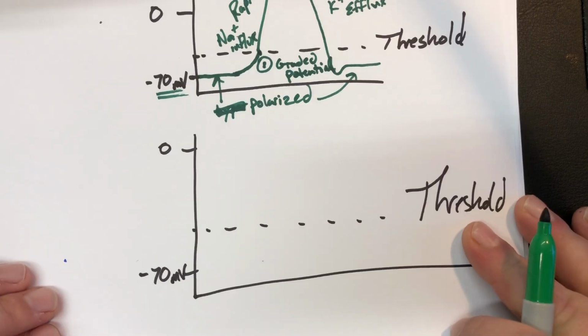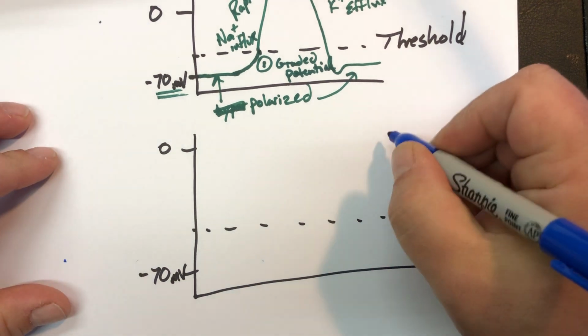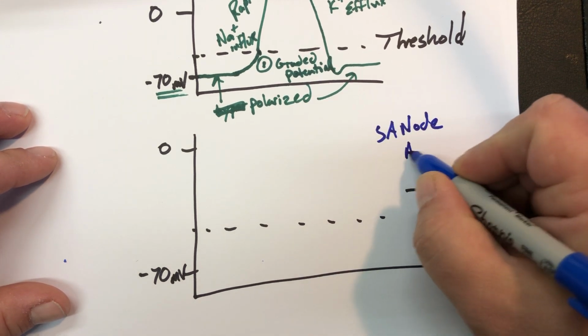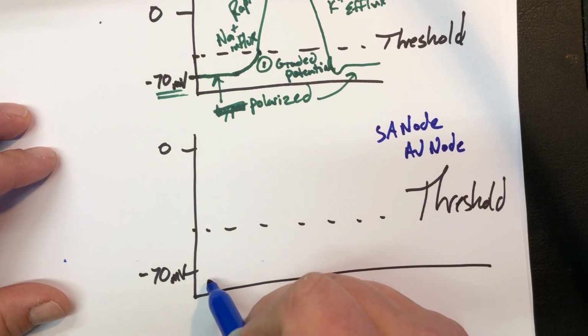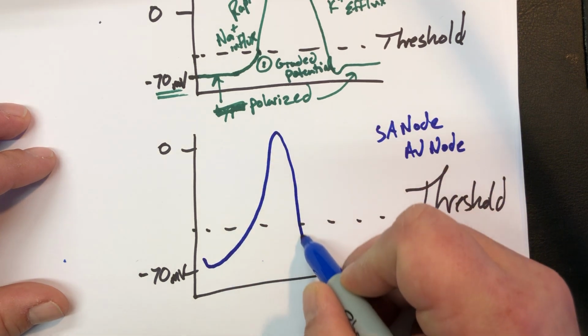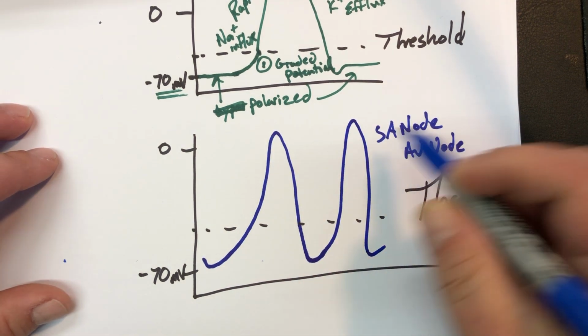So what we would see in autorhythmic cells, so this would be in the SA node, it would be the same in the AV node. So they're autorhythmic. So what we see is over time, they just keep on regenerating action potentials.